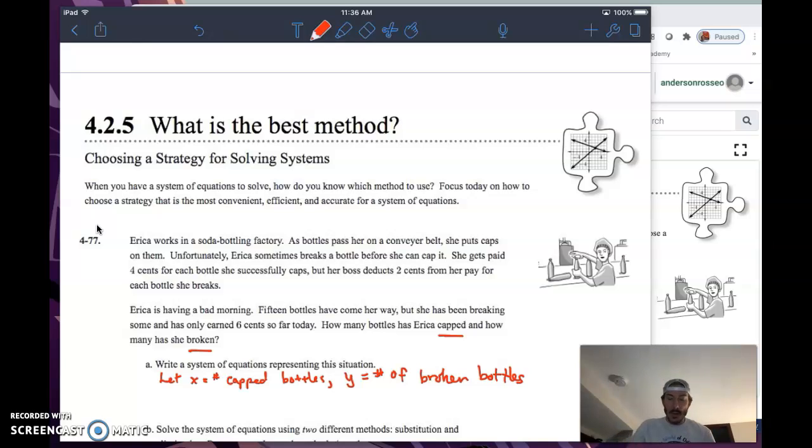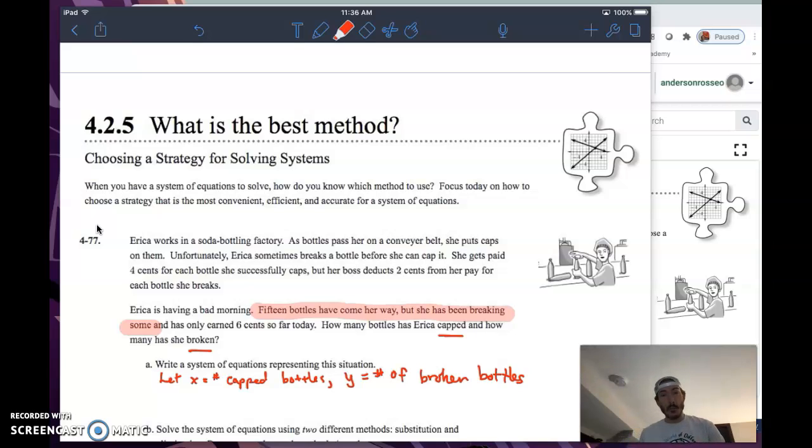Okay, let's see what it is we know. I'll do some highlighting of some information here. I'm going to go to what's easiest for me first. If you went somewhere else first, you didn't necessarily do it wrong. I just went for what's easiest for me. So far, 15 bottles have come her way, and she's been breaking some, right?